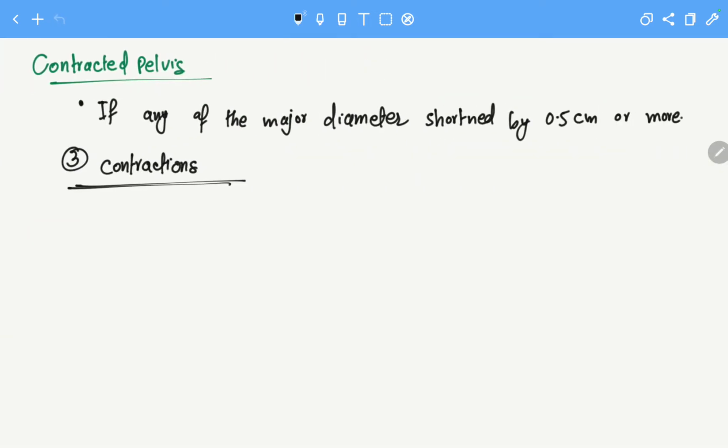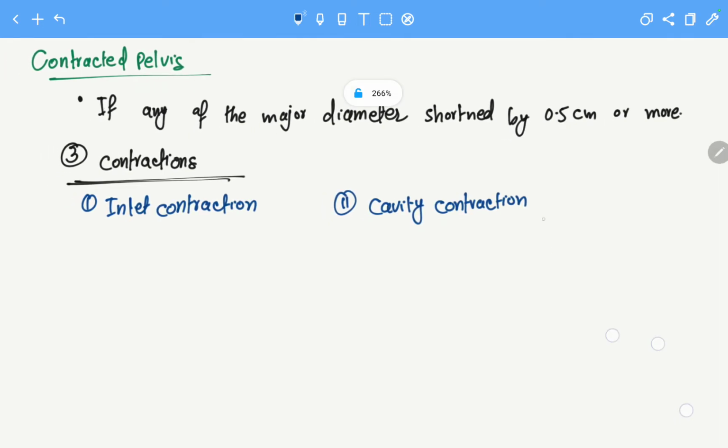Okay, so the first contraction that can be present is the inlet. मतलब इनलेट की जो डायमीटर है ये 0.5 सेंटीमीटर या उससे भी ज़्यादा से कम हो सकती है. दूसरा क्या हो सकता है आपका, कैविटी की डायमीटर कम हो सकती है, तो there would be cavity contraction. The third that can be outlet contraction.